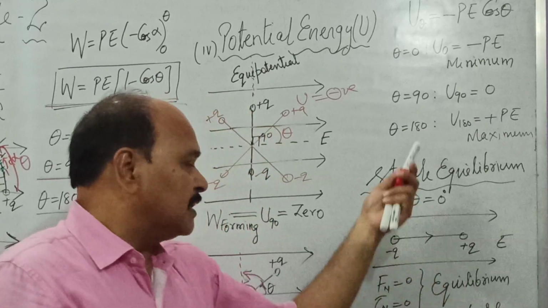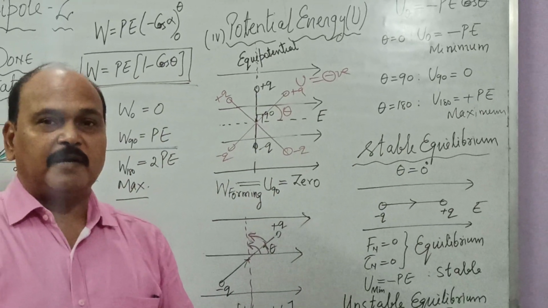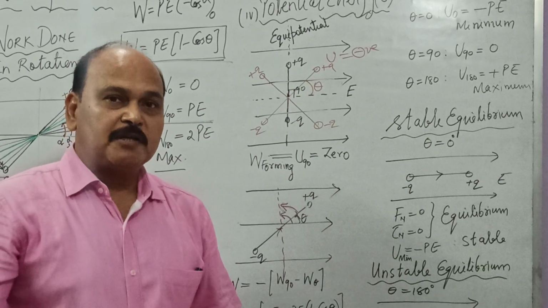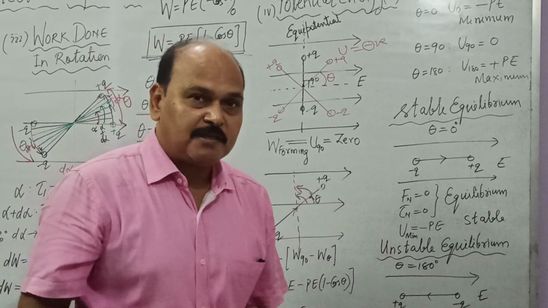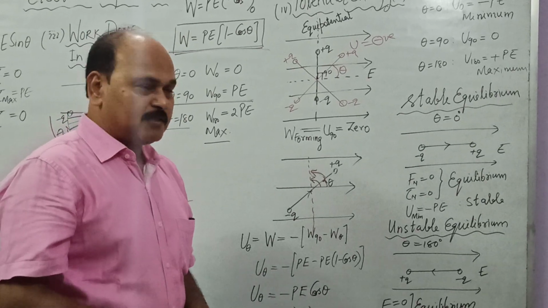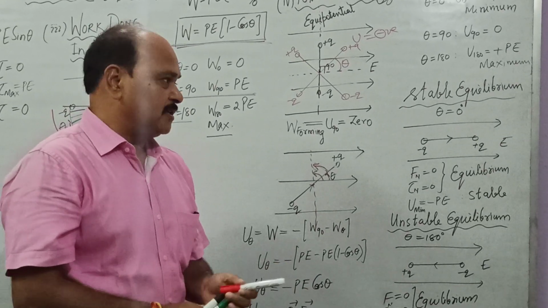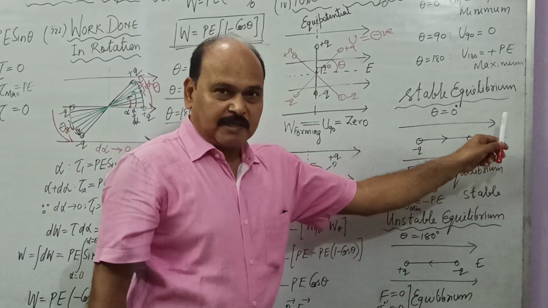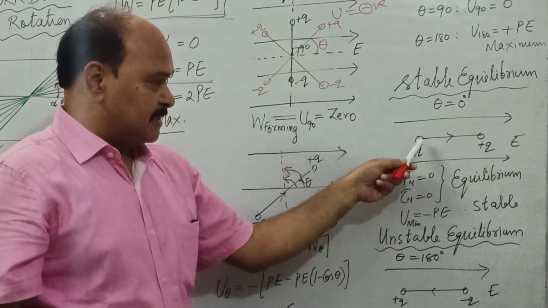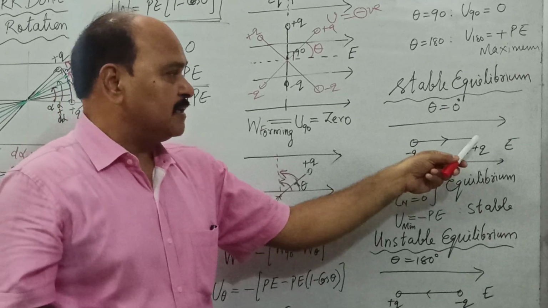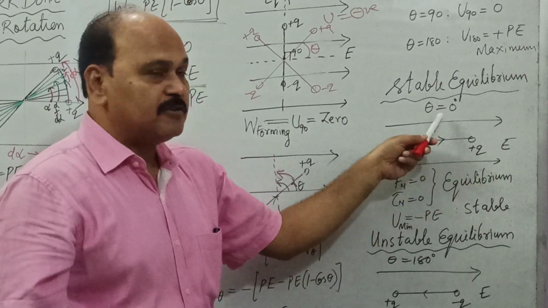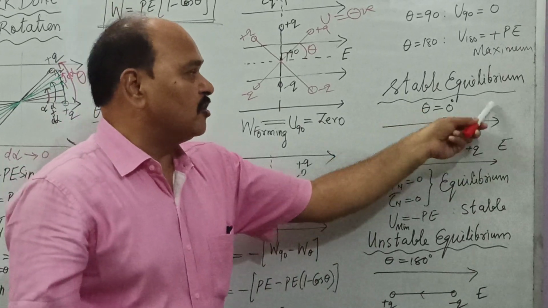Now, there are two special positions of a dipole in a uniform electric field. One is called stable equilibrium and the other one is called unstable equilibrium. So what is this stable equilibrium position of the dipole? See, this is the electric field intensity towards right, and if the dipole is placed such that P makes an angle 0 with the field, that is theta is equal to 0, the dipole is in stable equilibrium.